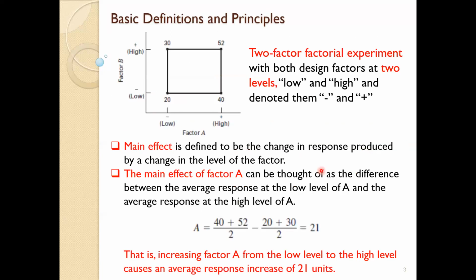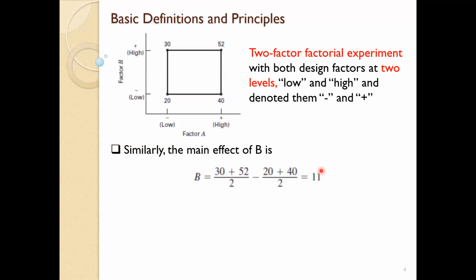And you can calculate the treatment effect. For example, high A is 40 and 52, minus low A, you get about 20, positive. What does it mean? It means that when you increase A from low to high level, the response also increases.